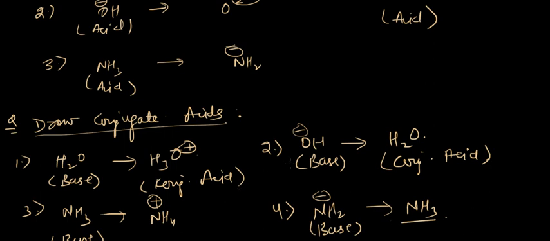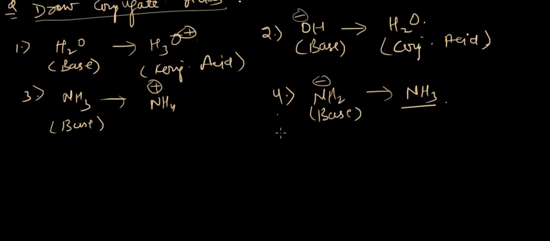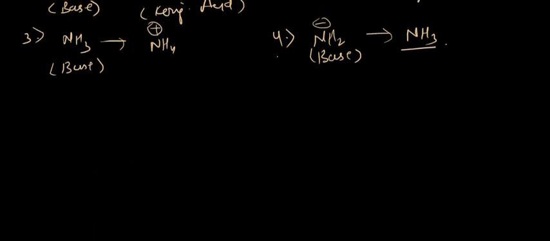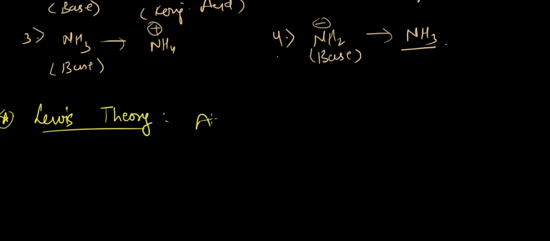Okay, so what is Lewis theory? This was according to Lowry-Bronsted theory. What is Lewis theory then? Lewis theory states that acid accepts pair of electron, base donates pair of electron. Simple as that.